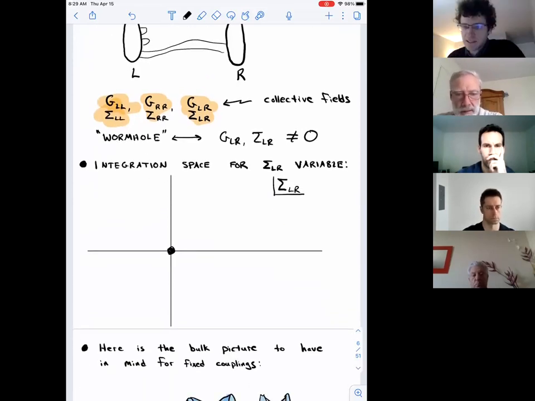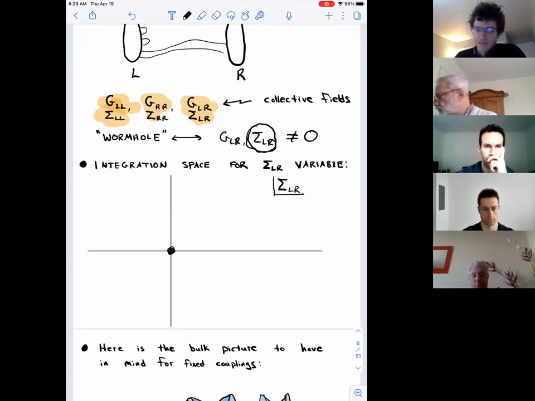And here's the basic result of our analysis. Let's take this variable. I'm going to discuss here sigma left right, one of these collective fields. Let me plot for you the sigma left right plane. So this is the complex plane of sigma left right. Roughly speaking, what it looks like is the following.